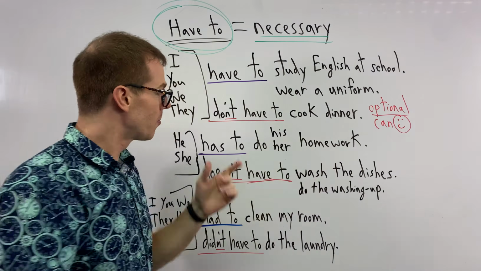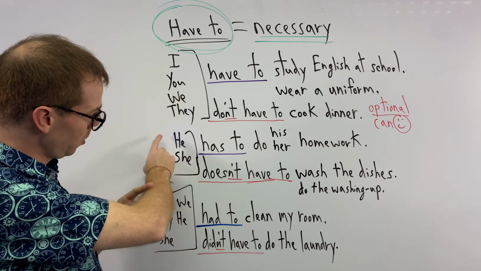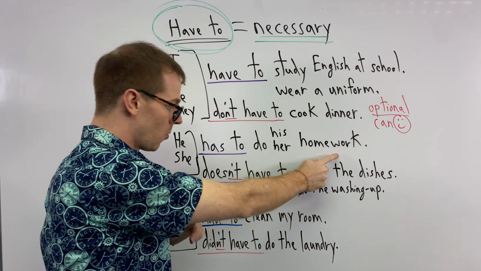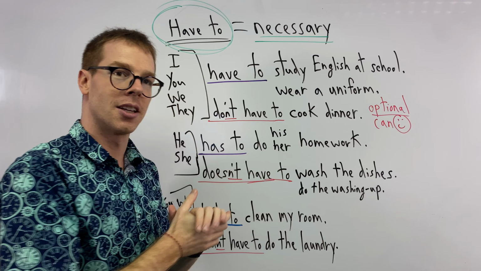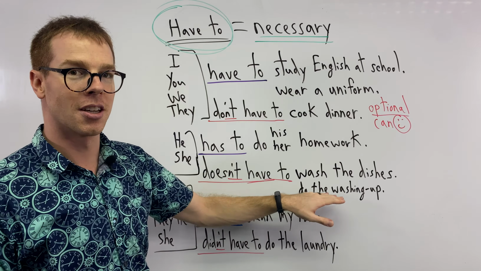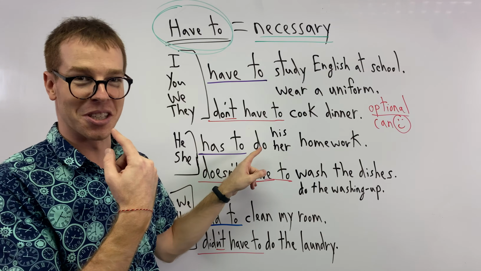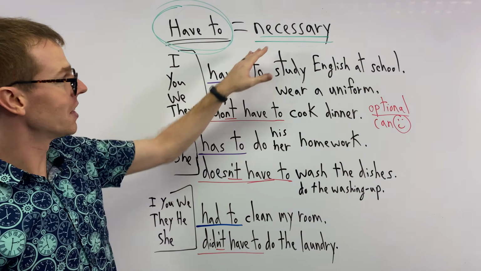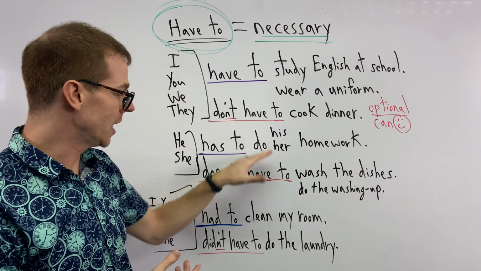Or for my other student, Raul, he has to do his homework. For me, my wife, she doesn't have to wash the dishes. My wife, she has to cook. She has to cook dinner, but she doesn't have to wash the dishes. Mark has to wash the dishes. Right? It's again this what is necessary for each of us.